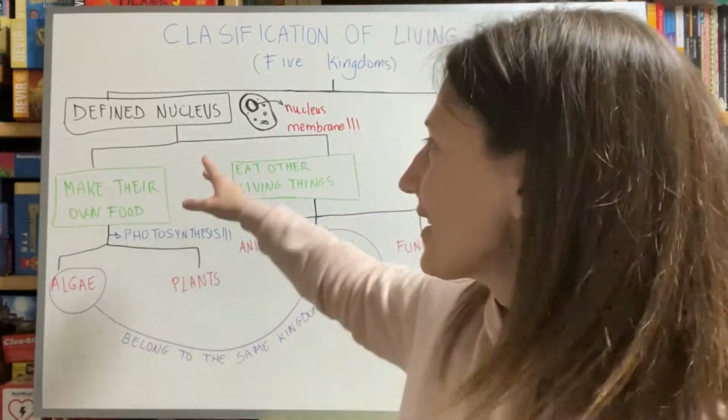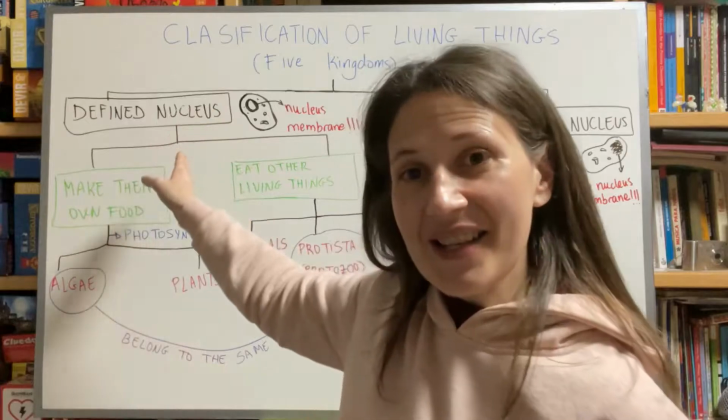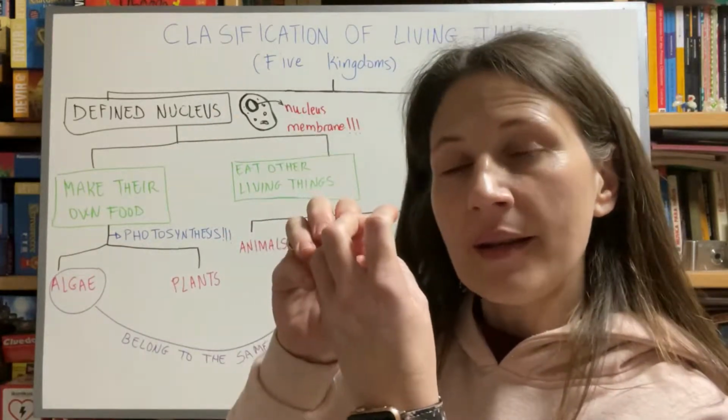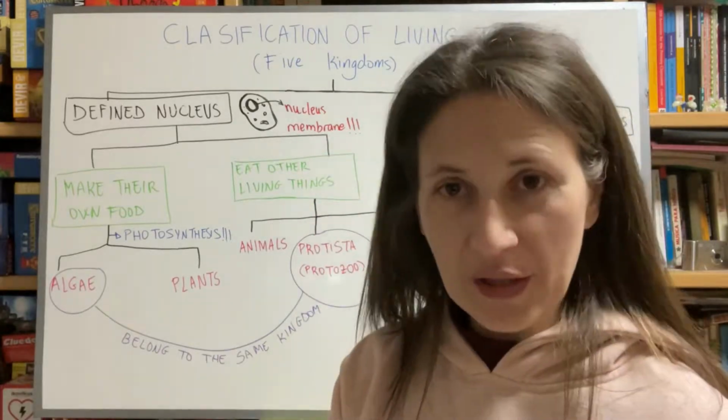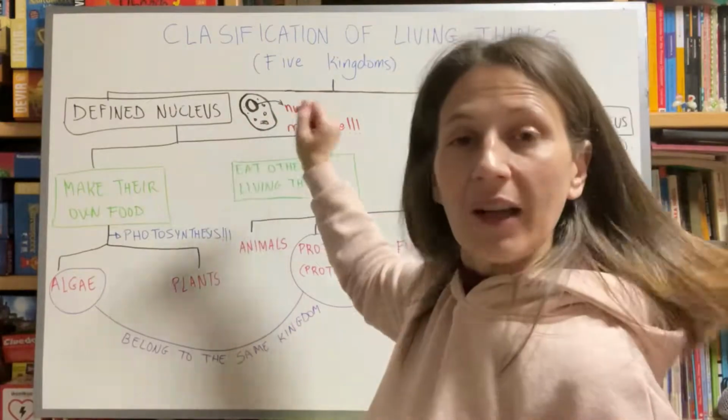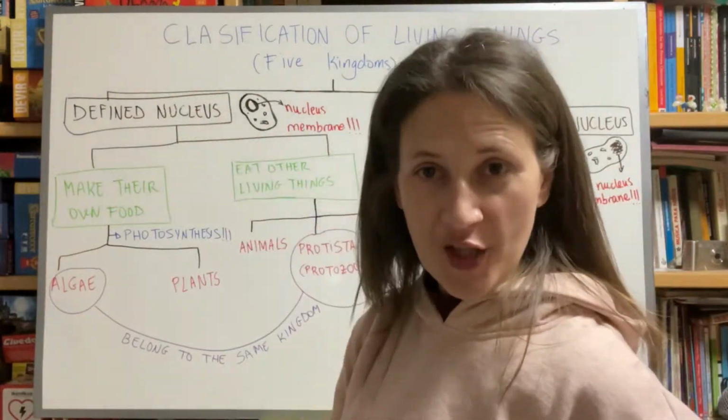Well, these defined nucleus cells are cells that have a membrane surrounding the nucleus, okay? The nucleus is wrapped by a membrane. Okay, these are the ones that have a defined nucleus.